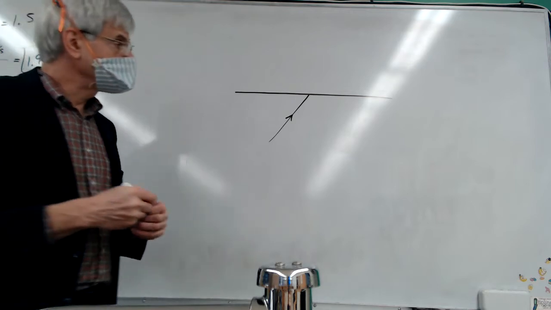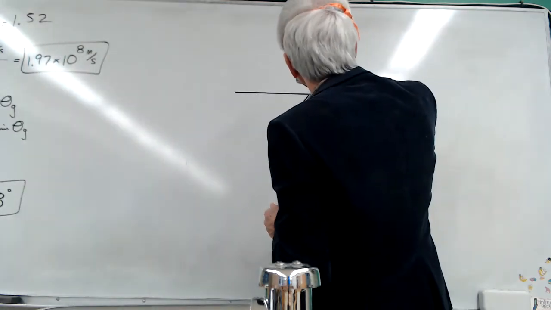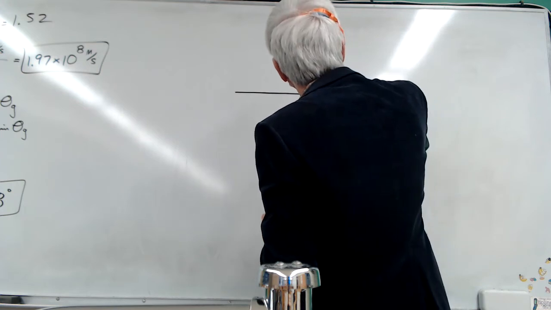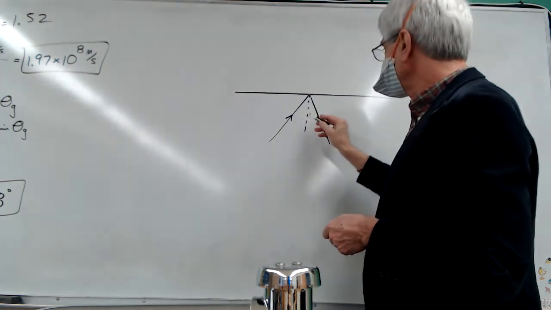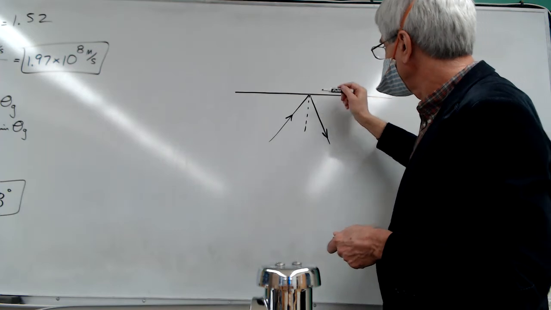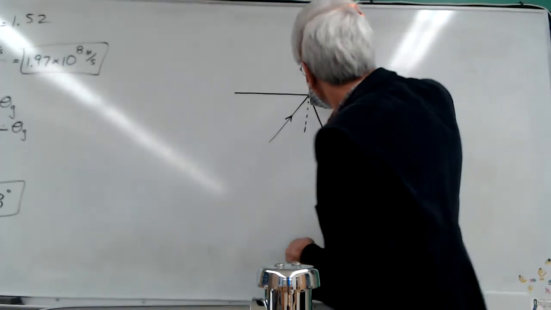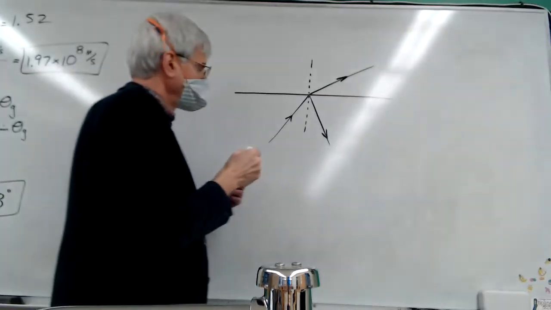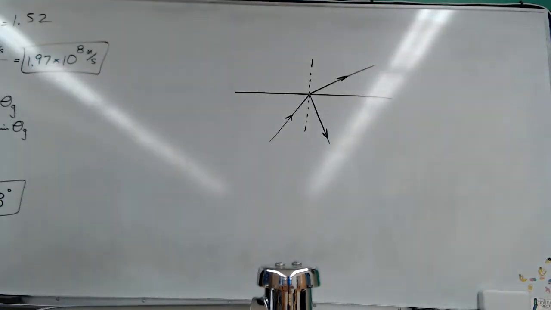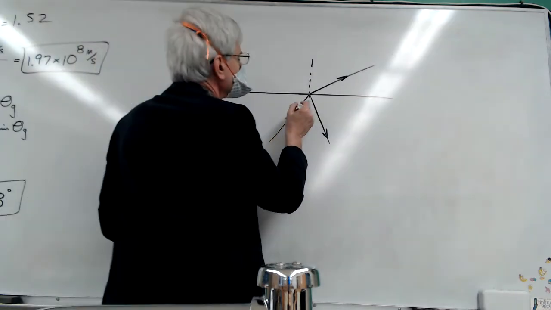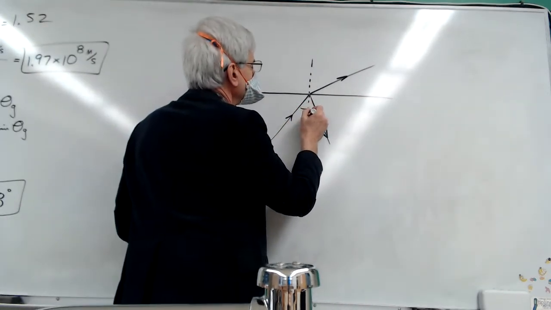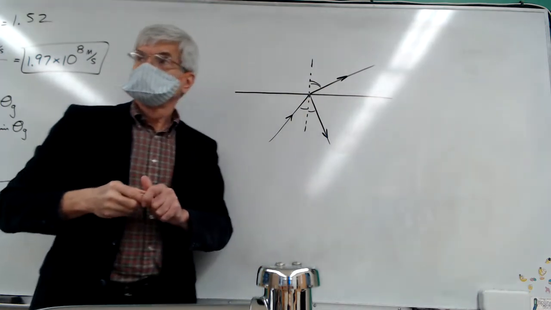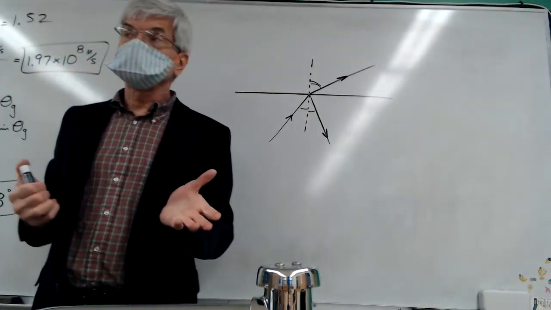As I was saying a minute ago, some of the light will reflect back into the water. And that'll obey the law of reflection. The angle here will be equal to the angle there. And some of it will be refracted into the air. This angle here is bigger because that's what follows from Snell's law.